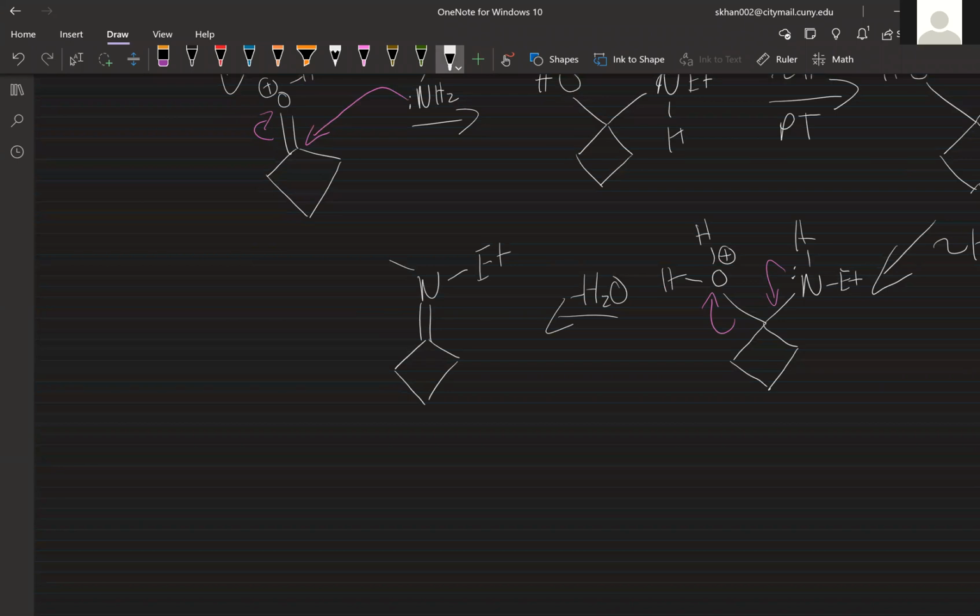And then the main difference between enamines and imines is this: when you use ammonia or a primary amine, you form imines. But if you have secondary amines, you get what's called the enamine. The main difference, in terms of the mechanism, is the last step.